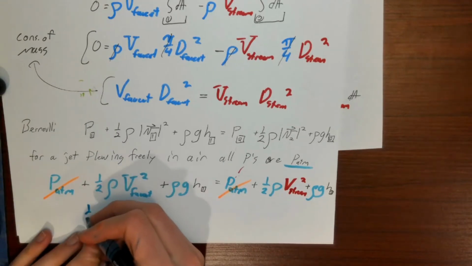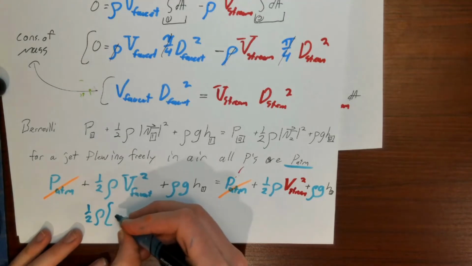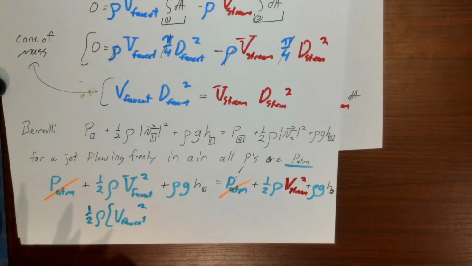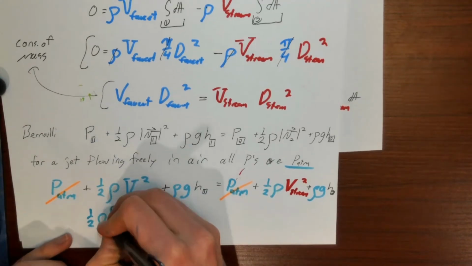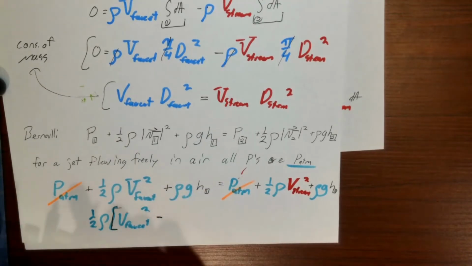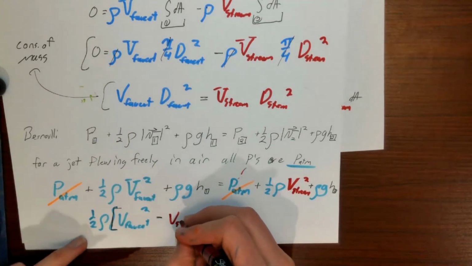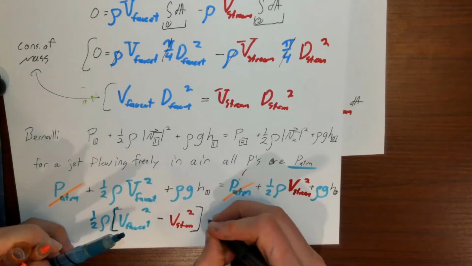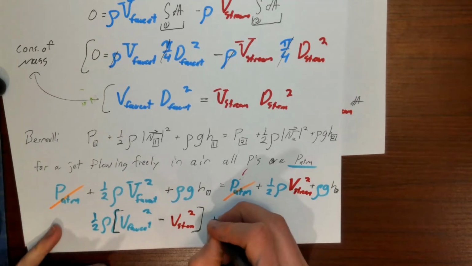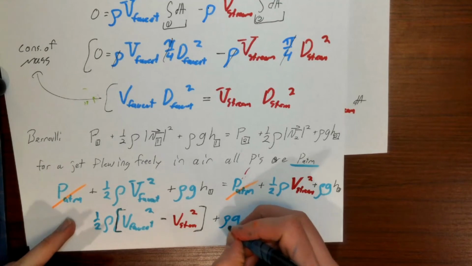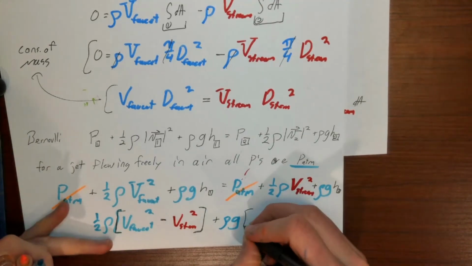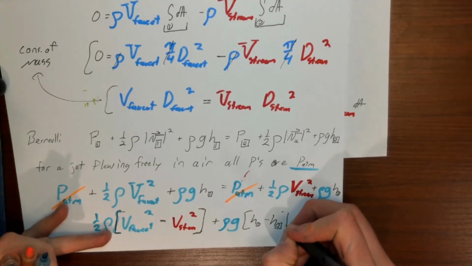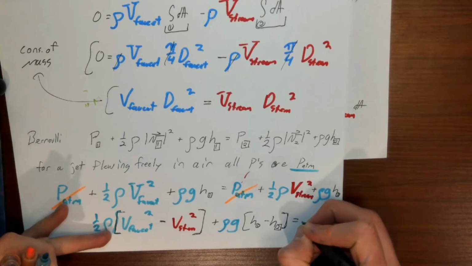I have 1/2 rho times V faucet squared minus V stream squared, plus rho g times h1 minus h2, is equal to 0.